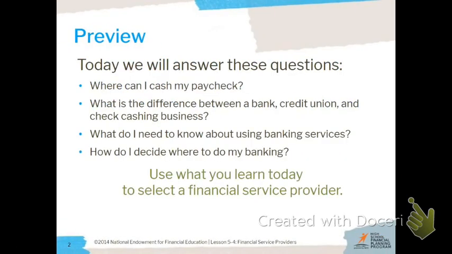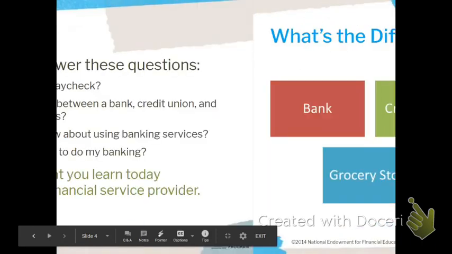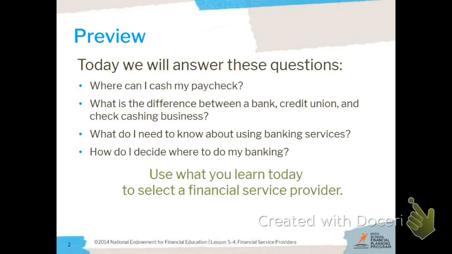So there are different financial service providers. Think about it: if you have a check to cash, where could you get that check cashed? If you have a checking account, it's kind of obvious you take it to your bank or your credit union. But what's the difference between a bank, a credit union, a check cashing business, or cashing a check at Walmart or Payless, those kind of places?